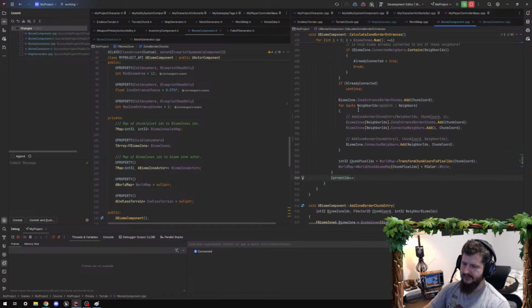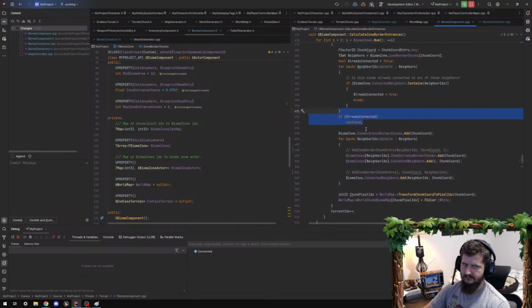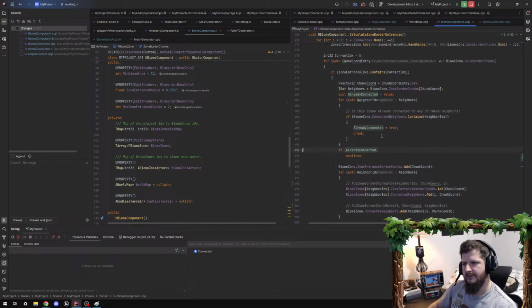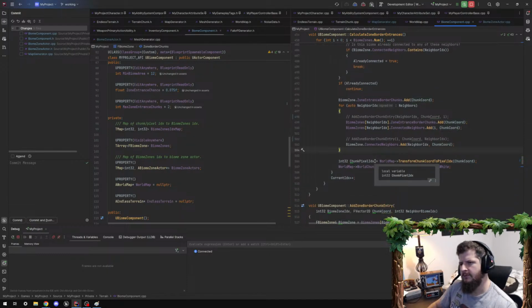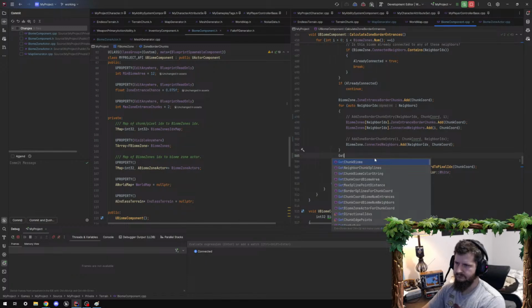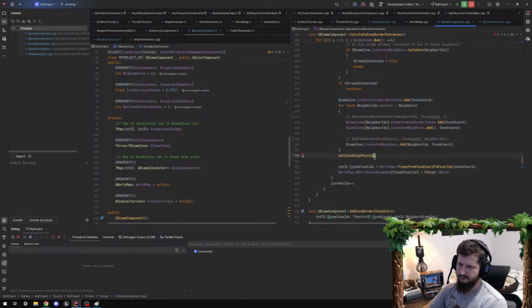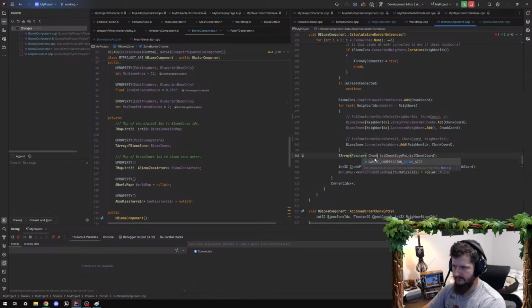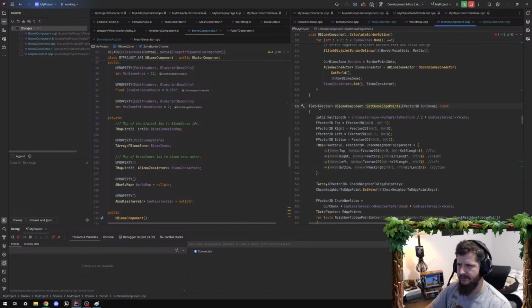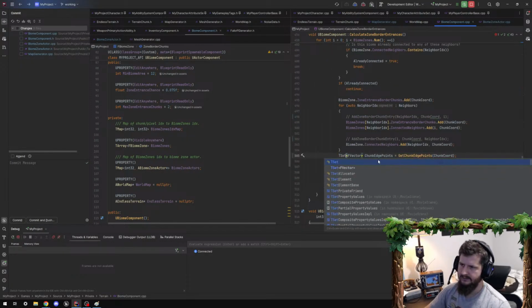Oh, okay, I don't increment current index if it's already connected, to make sure we get our minimum connections in there. What we want to do is get the edge points for this chunk. This is an F vector. Okay, and we're going to remove one of these. Is it an F vector? It's a T set. Oh, that's going to be annoying.